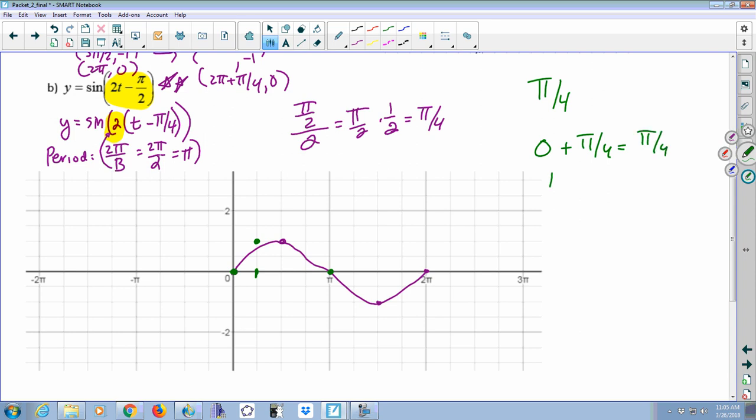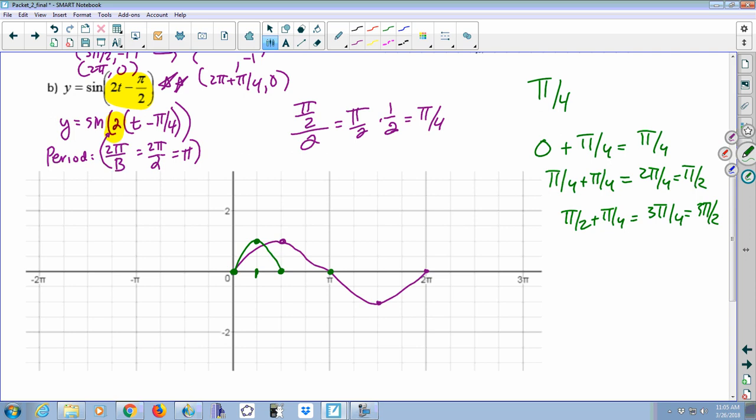Now I take pi over 4 and I add another pi over 4. That's 2 pi over 4 or pi over 2. So at pi over 2, I'm back down to my midline. Pi over 2 plus pi over 4 is 3 pi over 4. Where am I? I went up to the top of my hump. I came back to my midline.